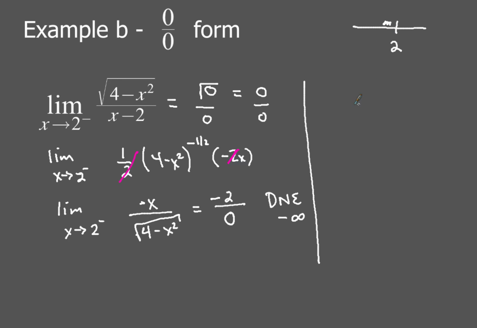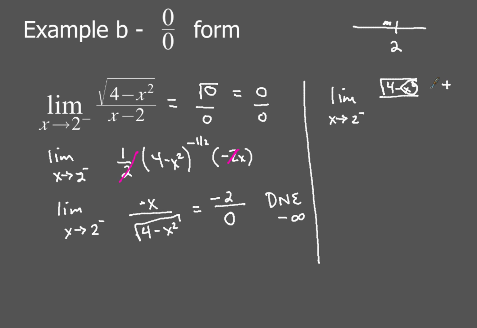So if we plug in one of those numbers into our limit, as x approaches 2 from the left of the square root of 4 minus x squared, and say x is 1.99, the x squared is going to be less than 4. So 4 minus some number less than 4, when I square root that, I'm going to end up with something positive.